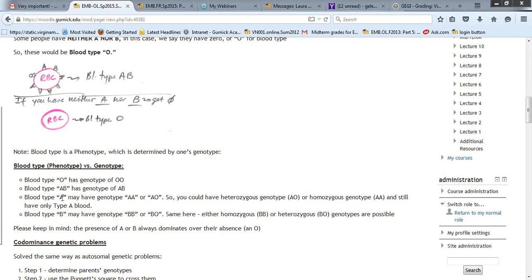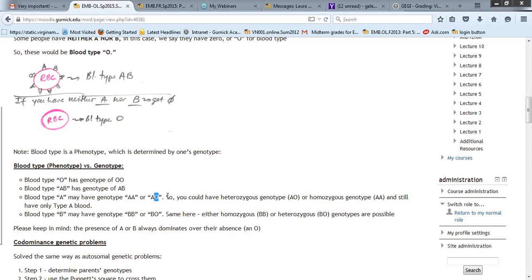So to have blood type A, you have either inherited A from mom and A from dad, from both parents, or you could inherit A from one parent and nothing from another parent, because the presence of the A protein dominates over the absence of anything. The presence is dominant over the absence. Because you have an A, you're going to express an A, all right?